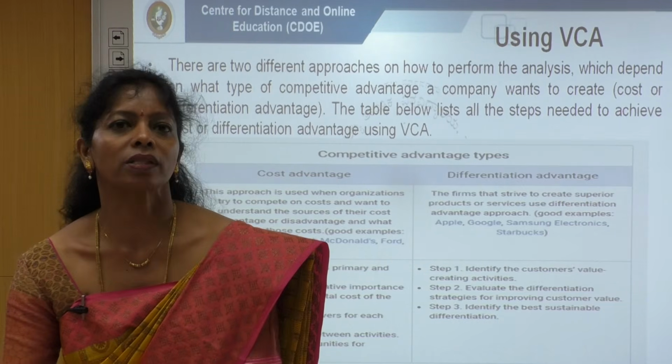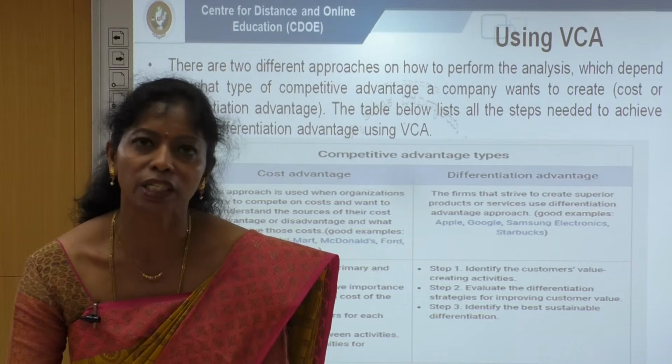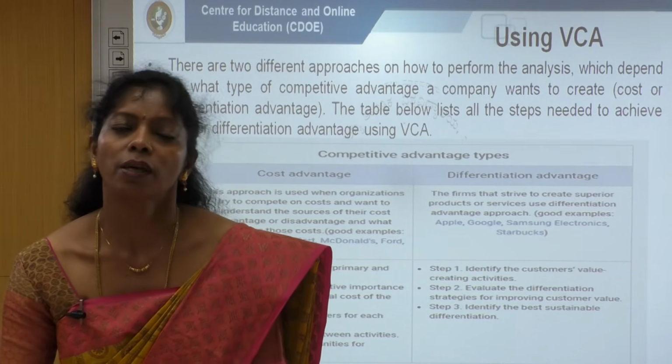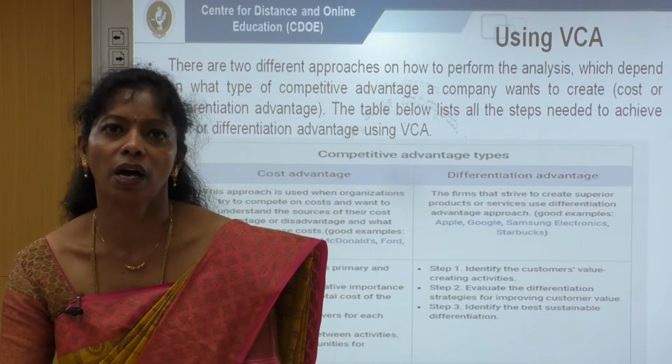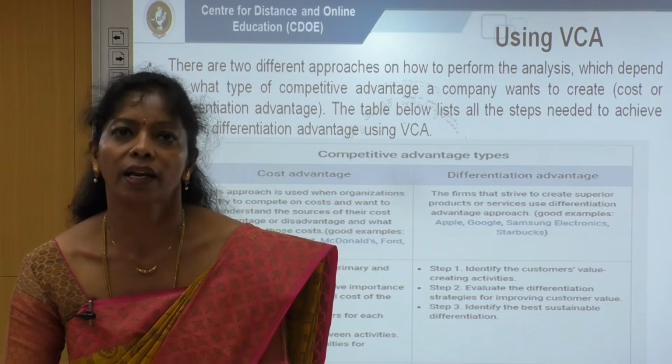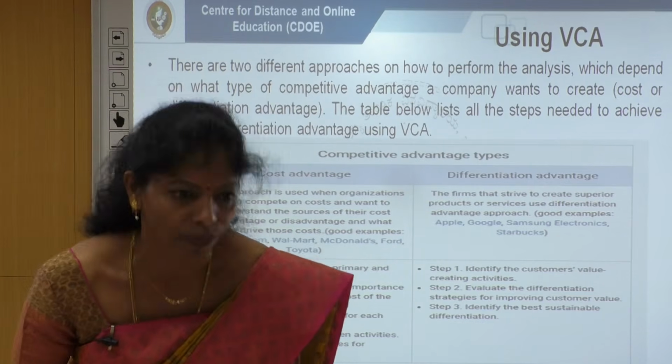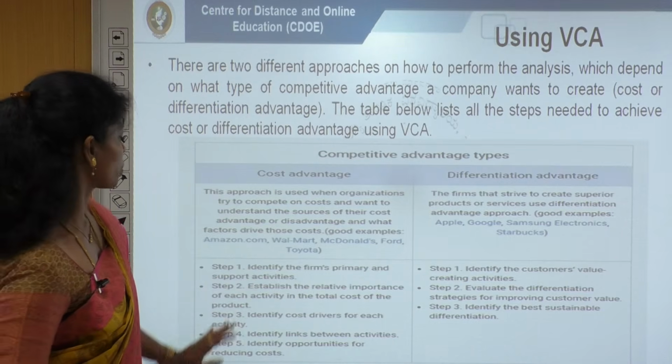Without supporting activities, primary activities may not be in a position to achieve the strategic objective. The supporting activities are human resources, technology and certain other components as we discussed in the previous session. So first, identify the activities.